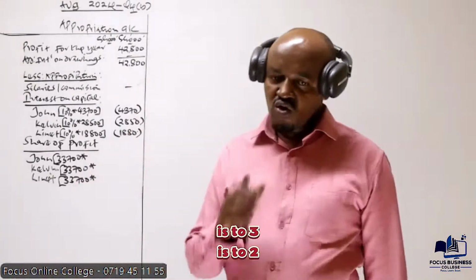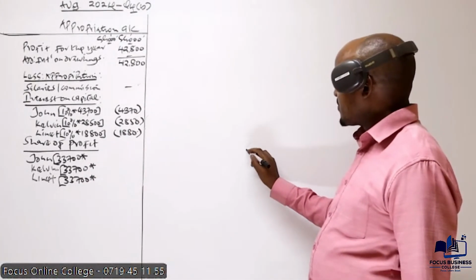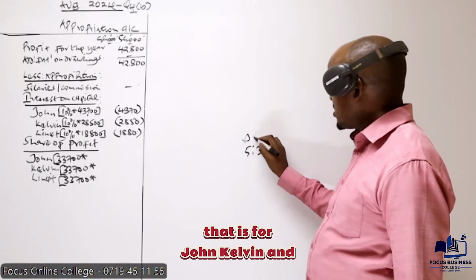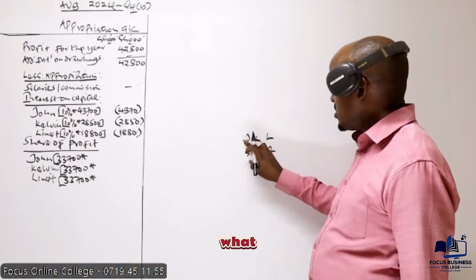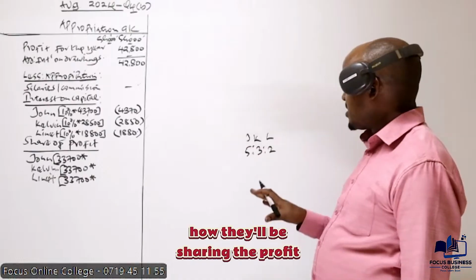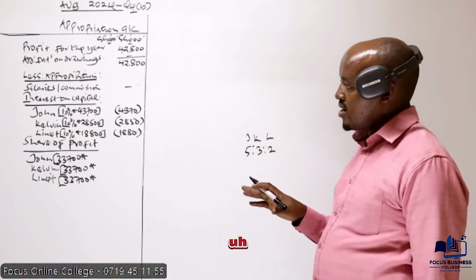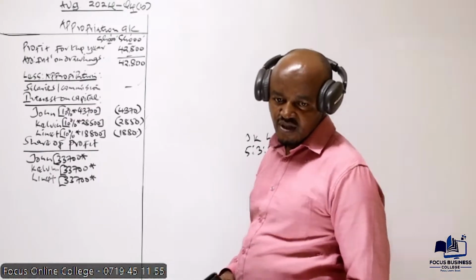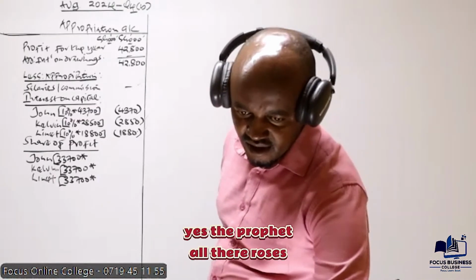That ratio is 5:3:2 for John, Kelvin, and Renette. That's basically how they will be sharing the profit or the losses.